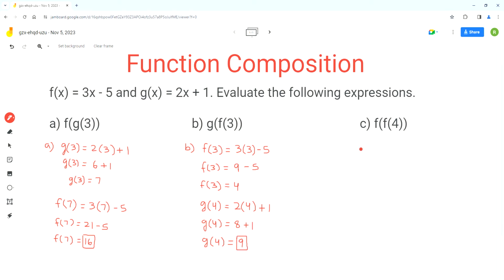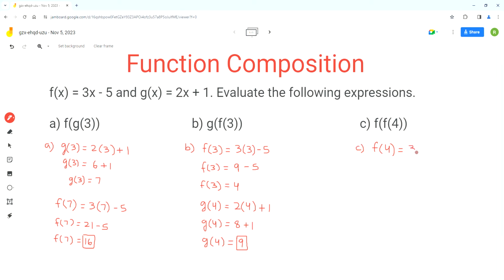So now we can do part C. In part C, we have to find f(f(4)). So f(4) is the input value for the function f. The first step here is to calculate what f(4) is. For that, we'll sub in x as 4 in the given f function.